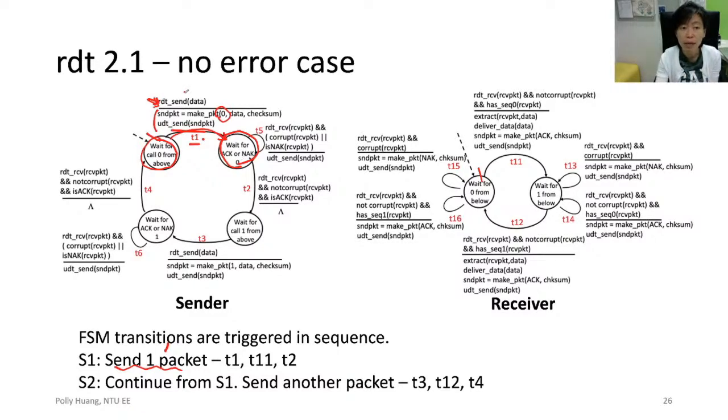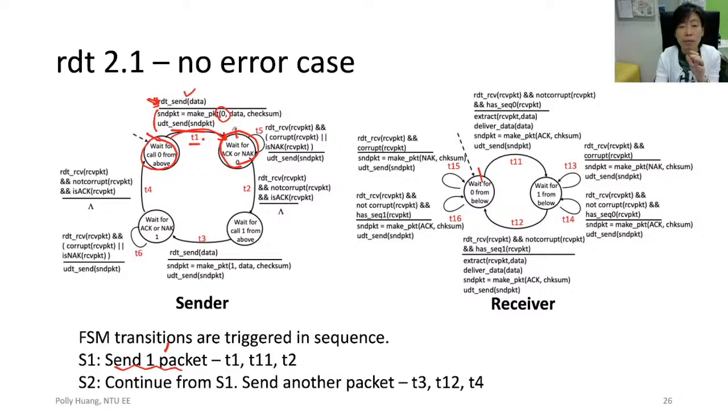Pick the transition that's matching the triggering event, then take the actions, finish the transition, and land on the ending state. Let me repeat: starting state, possible transitions, match the triggering event, and then land on the ending state.